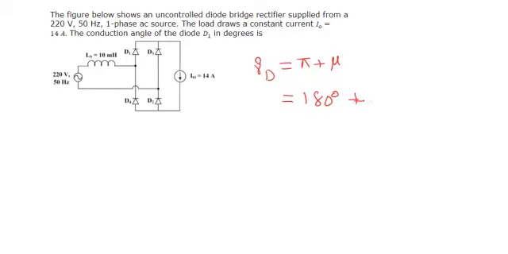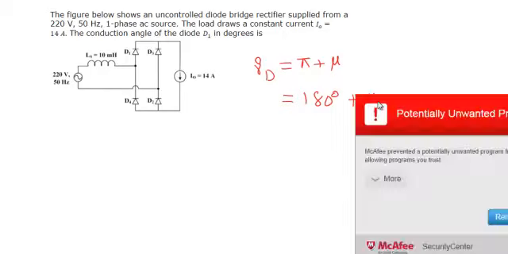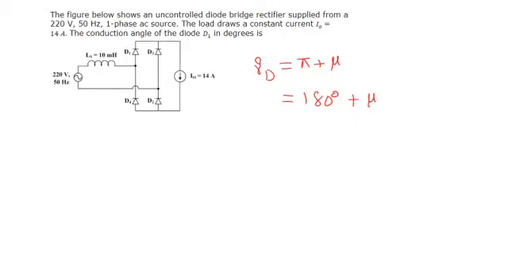To calculate mu, we have different formulas. We can use any one of them. For simplicity, we can easily consider I0 bar for the single phase bridge rectifier.